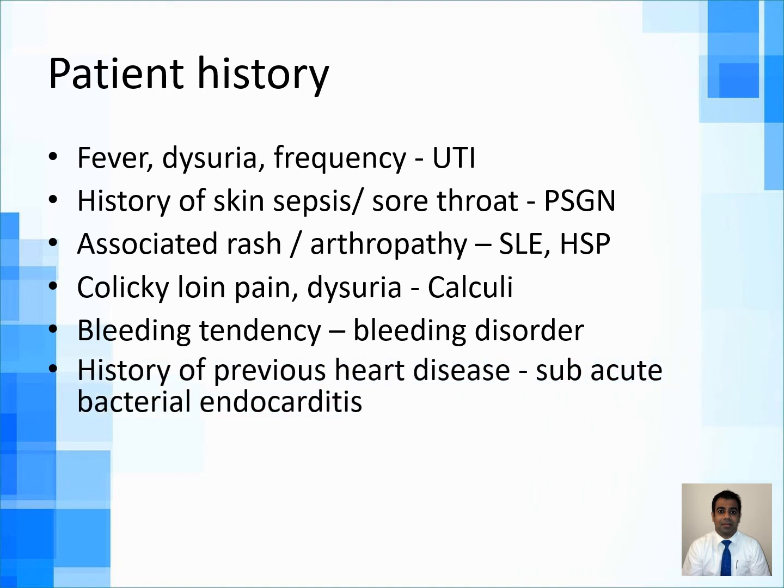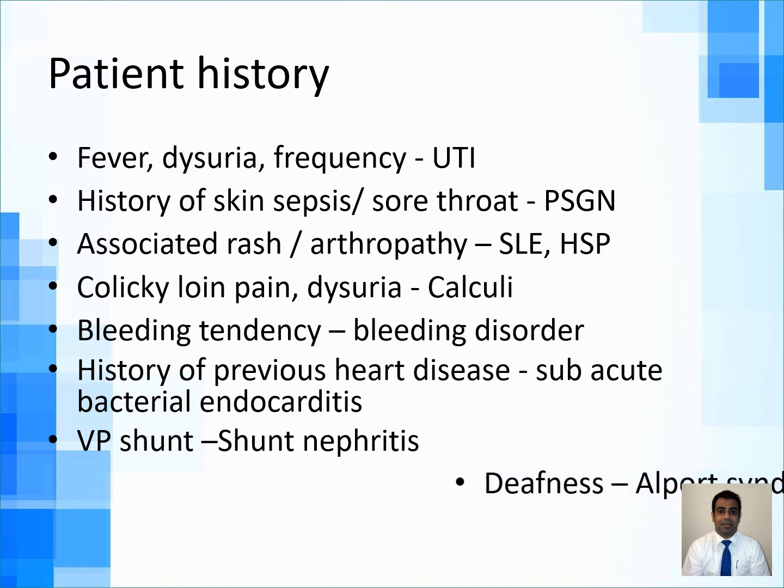And if there is a history of previous heart disease, think of subacute bacterial endocarditis, or if the patient is known to have a shunt, you need to think of a shunt nephritis.